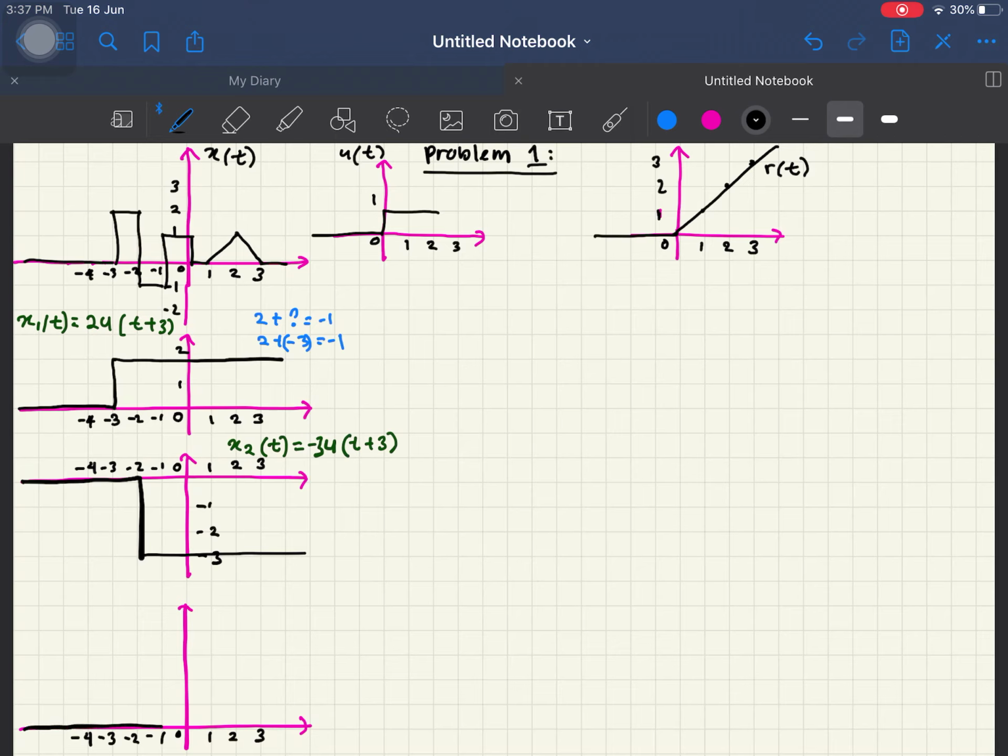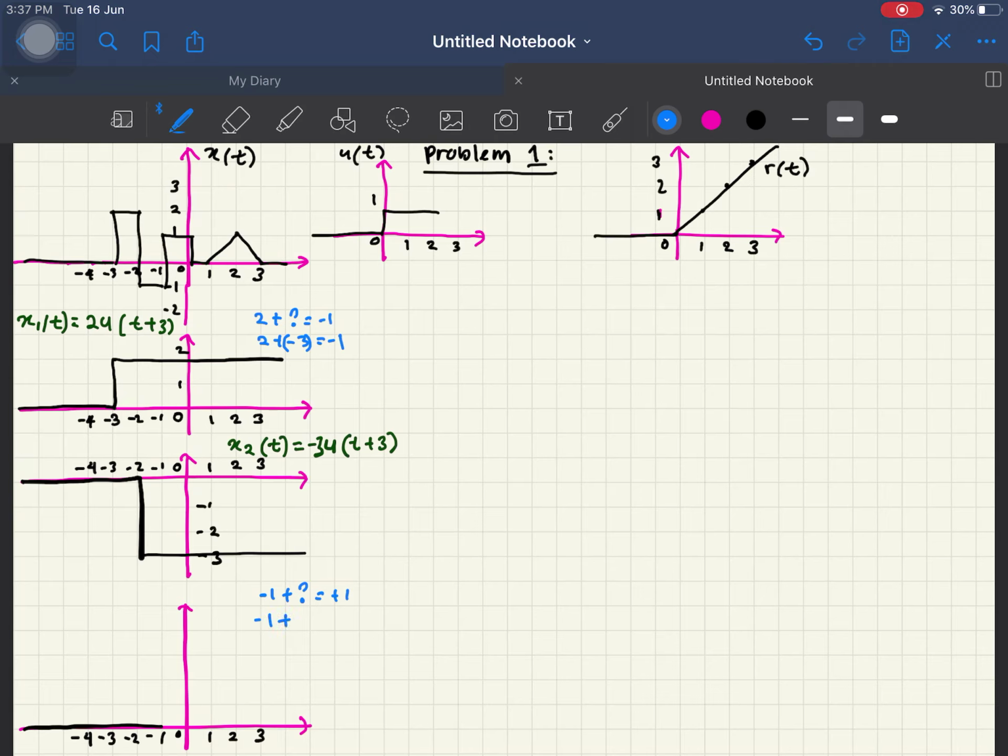Now we want to determine the amplitude. The amplitude here is minus 1, and here it becomes 1. So the calculation is minus 1 plus what number will give you positive 1.